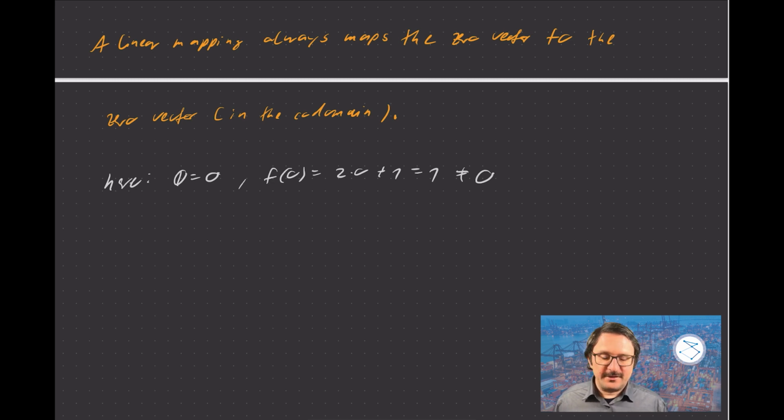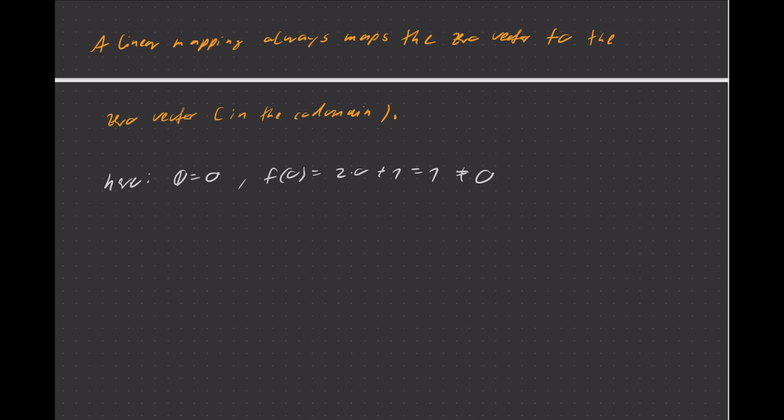So that's an exclusion criterion. One thing I would check first if I'm given a mapping and don't have a good suspicion of whether it's linear or not, I check the zero vector. So if f of 0 is 0, then we still have a chance for the mapping to be linear. It need not be, but it could be. If f of 0 is not 0, then we have completely excluded that. It cannot be linear anymore.